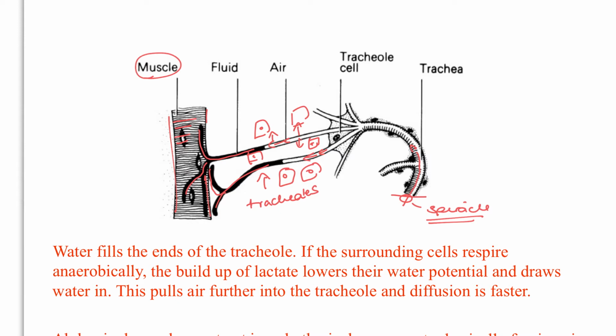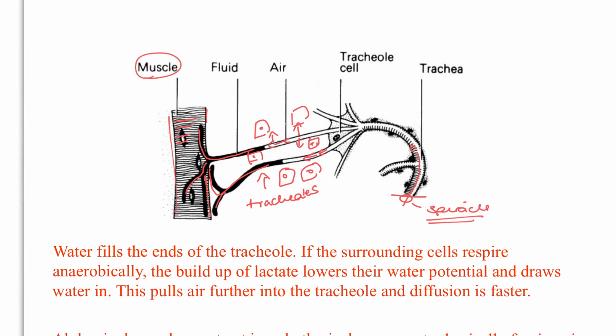Your diaphragm and intercostal muscles contract and relax to force air in and out of your lungs. And the abdominal muscles of the insect rhythmically contract to force air in and out of the spiracles, and the rate of contraction can change to change the rate of exchange of gases in the tracheae.